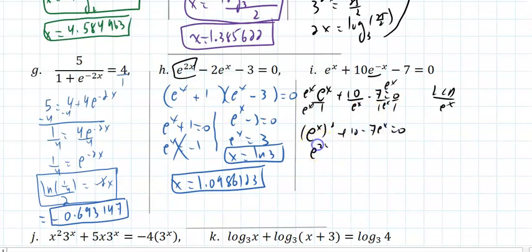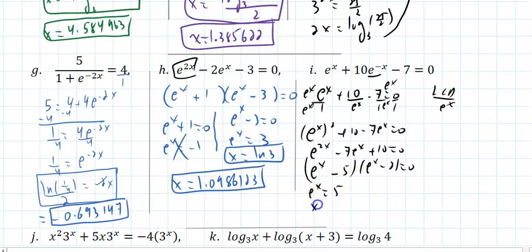Again, this is quadratic. So I could factor that e to the x minus 5 into e to the x minus 2 equals 0. So either e to the x equal 5, which means x is natural log of 5, or e to the x equal 2, which means x is natural log of 2.